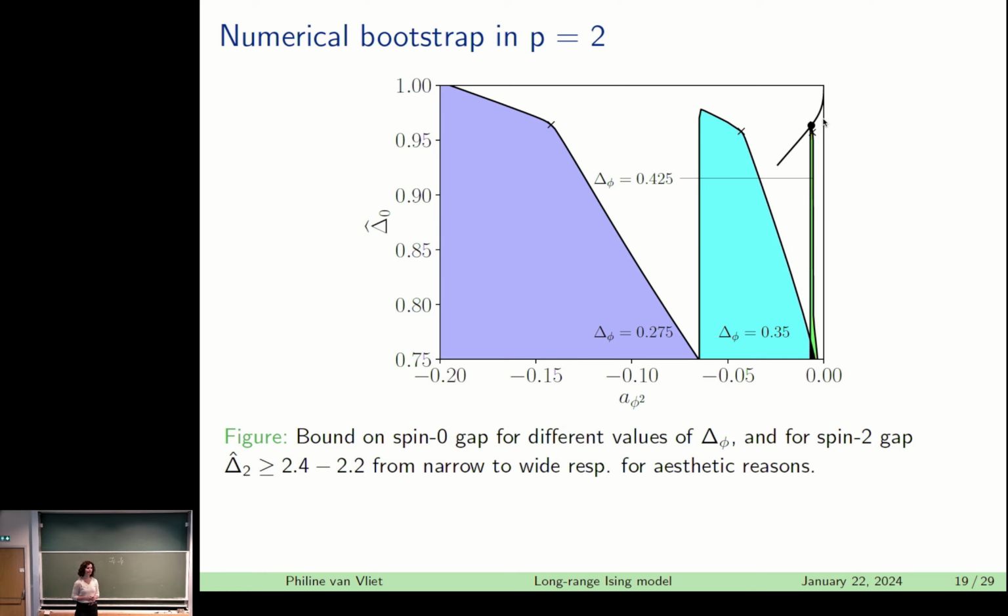Sorry, could you remind us where the parameter S enters in this approach? So in this case, it enters in the value of delta phi. So for different values of the conformal dimension of phi, that would correspond to different fixed points of the long-range Ising. So here, when delta phi is 0.425, S is close to d over 2.